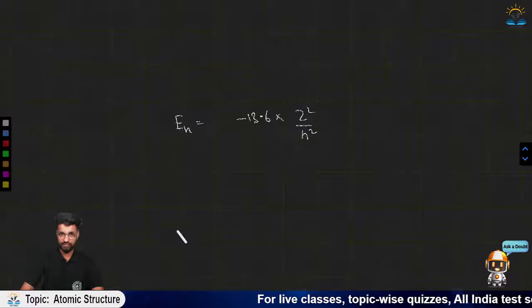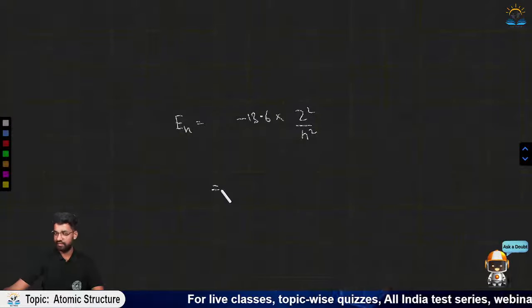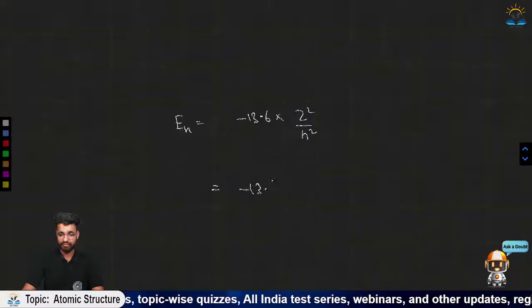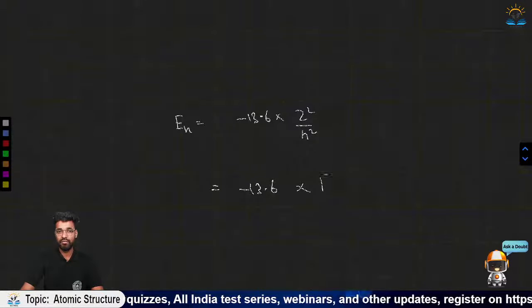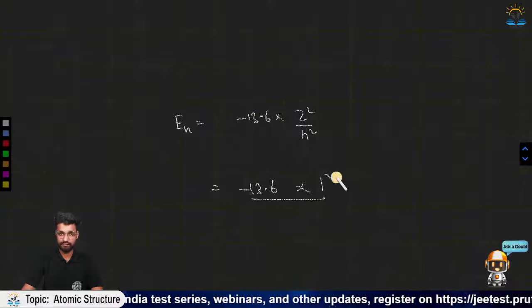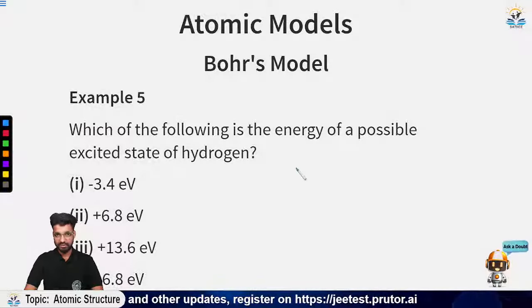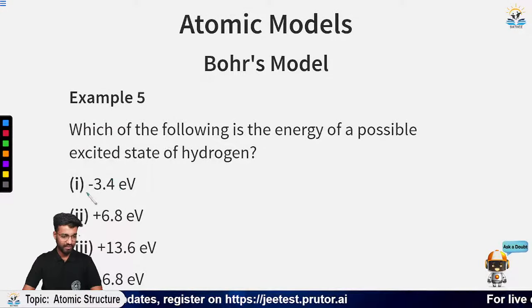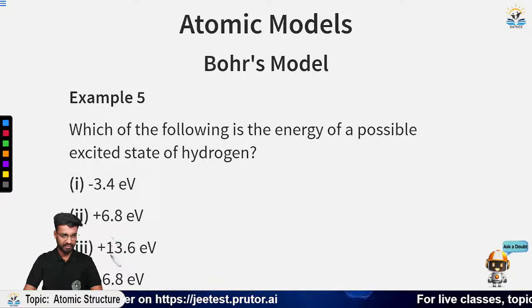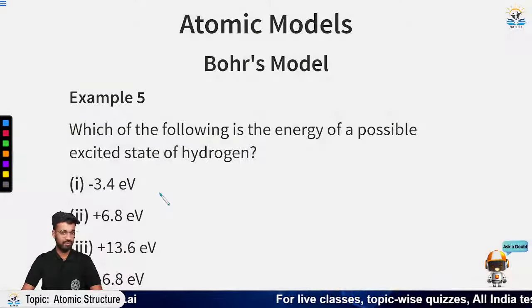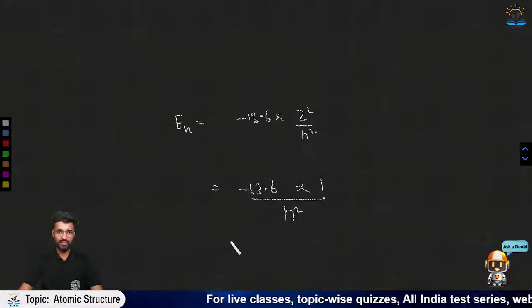Now, if we put the value of En here, and we know that the value of Z is 1 for the hydrogen atom, we get n square. If we put each and every energy one by one, then you will get some value of n.